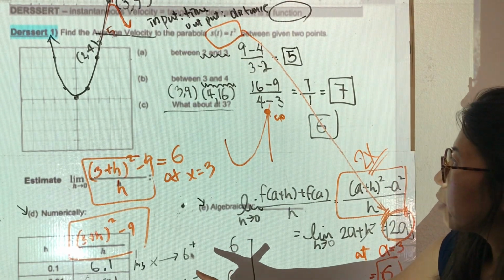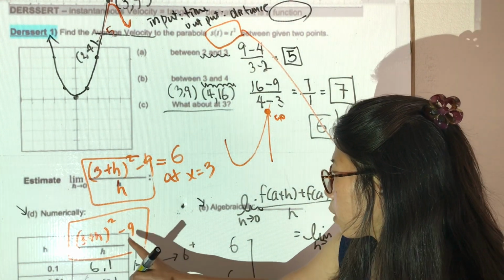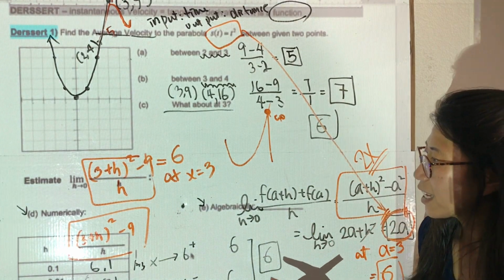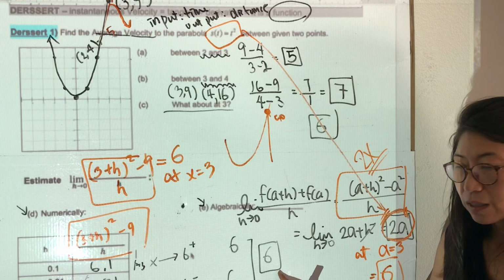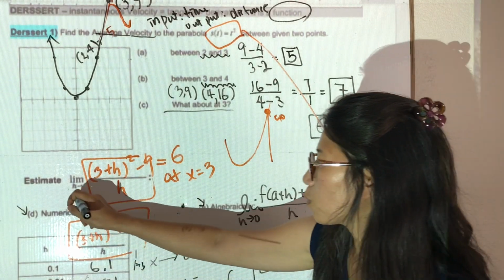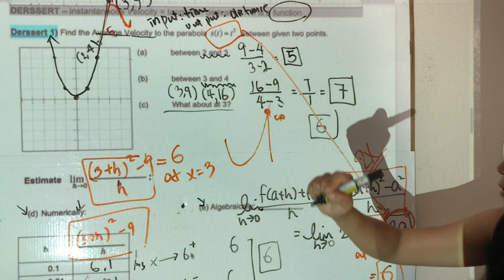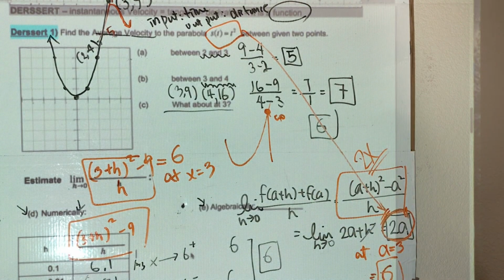So the limit of the rate of change will be 6, then the slope at 3 is going to be 6, which you see numerically with the graph. We checked it approaching the left side and right side, and then we approached it algebraically, and that also gives me 6.